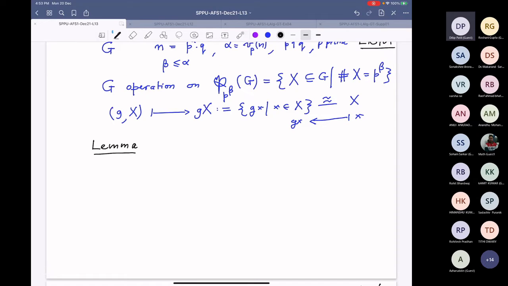Take any X in P_beta(G), and then I am looking at the orbit of X. Remember, we denote it by G times X. This is the orbit, and by definition, we know it is the set of gX for g in G.